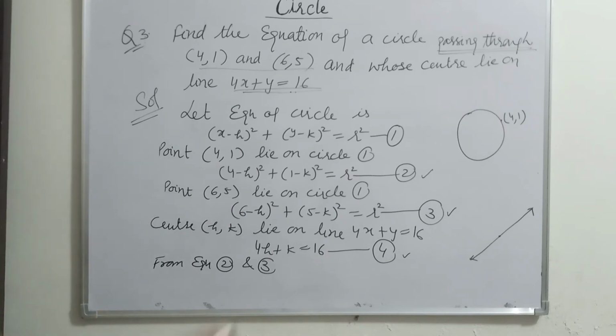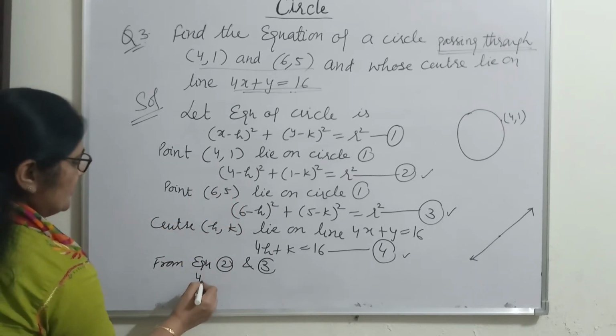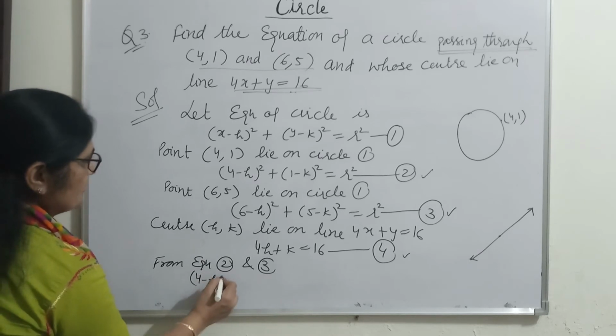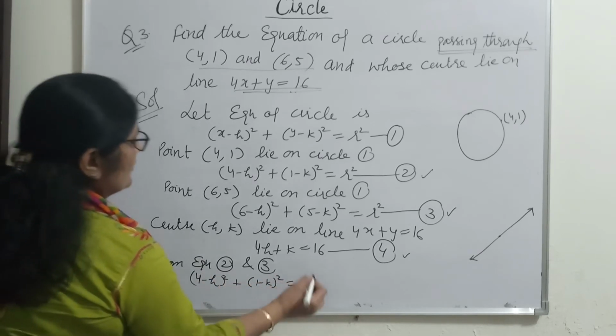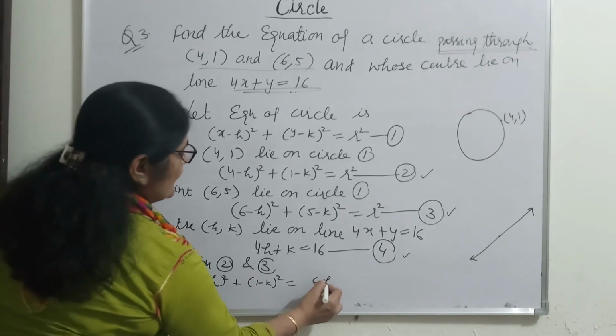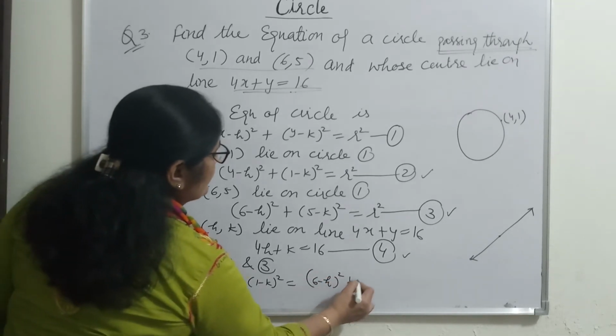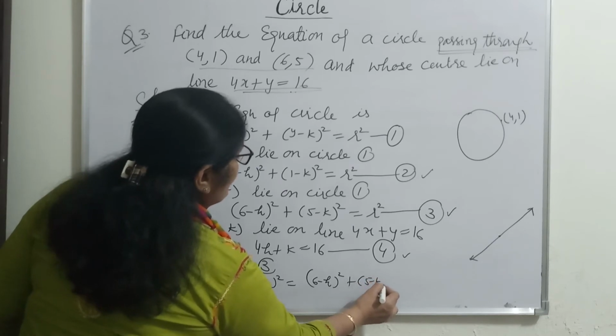the right-hand sides are equal, so the left-hand sides must be equal. (4 - h)² + (1 - k)² = (6 - h)² + (5 - k)².